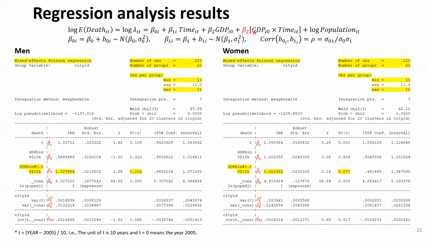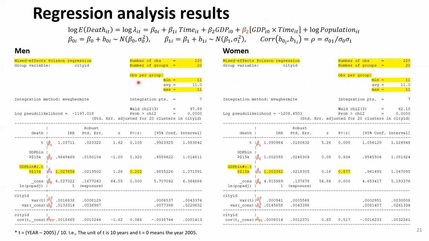And we are interested in beta 2, the coefficient for this interaction term, because we want to know if initial GDP affects the slope, or how the mortality trend differs by initial GDP as of 2005.